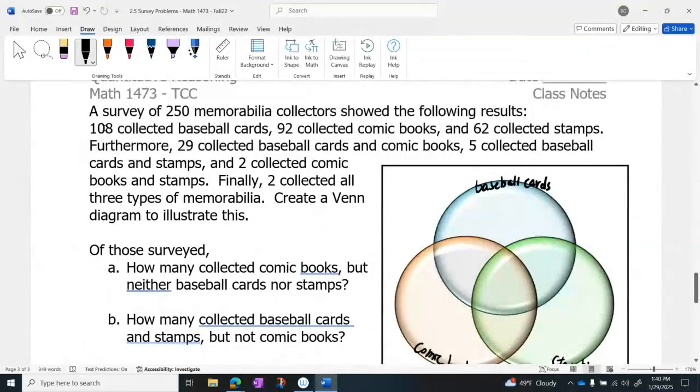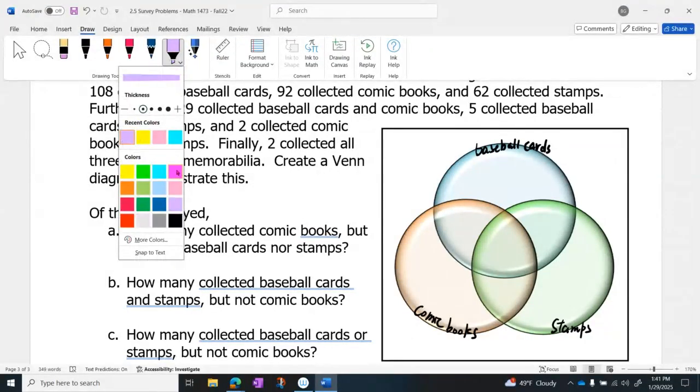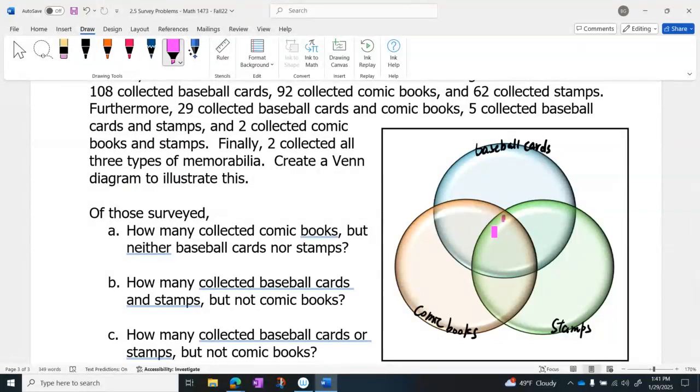We start from 108 who collected baseball cards, but when we analyze, we want to go backwards. Let's start from the 2 collectors who collected all 3 types of memorabilia. So 2 collected all 3. Maybe I can use colors. Probably want to use a very strong color because there are already some colors here.